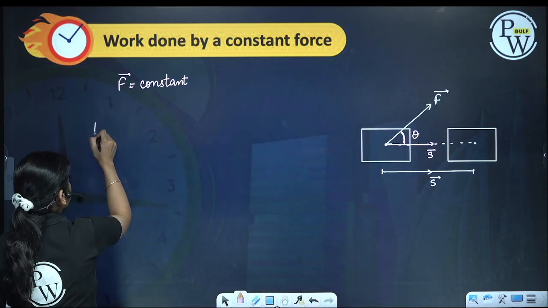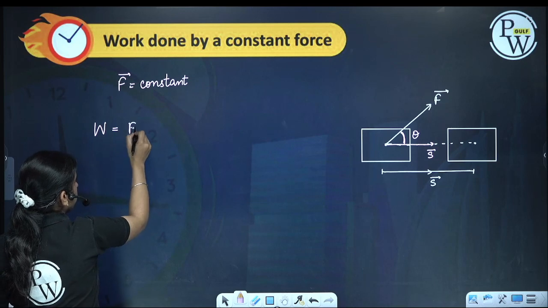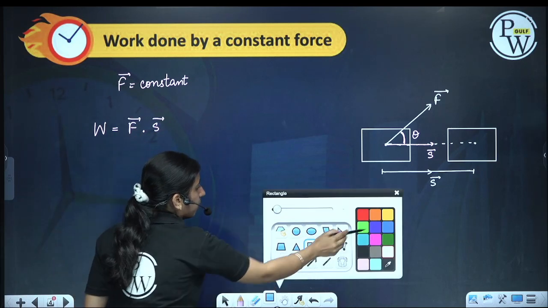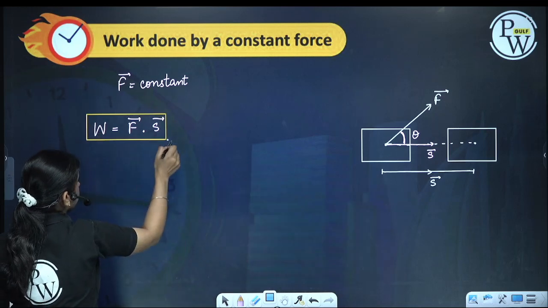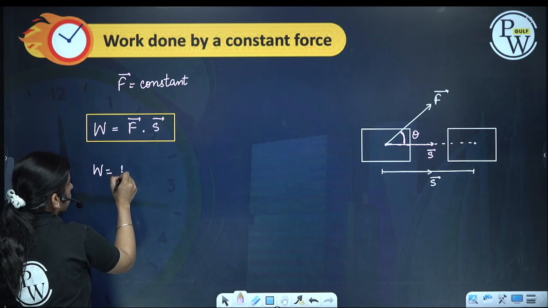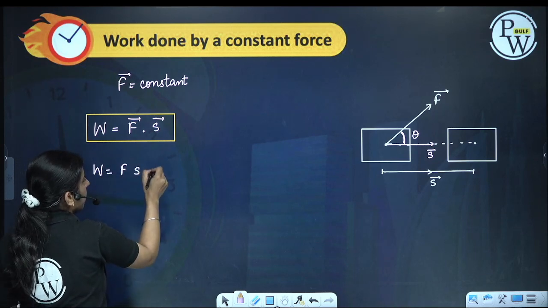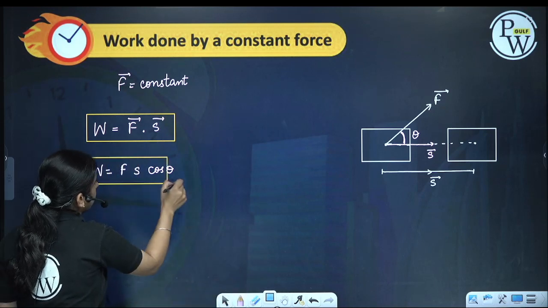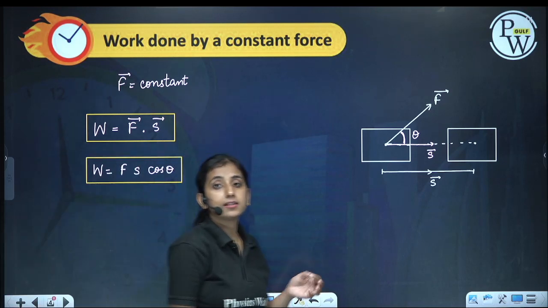Then what will be my work done? Work done by the force will be F dot S. If theta is the angle between the force and displacement, then F dot S will become Fs cos theta. So work done is given by Fs cos theta.